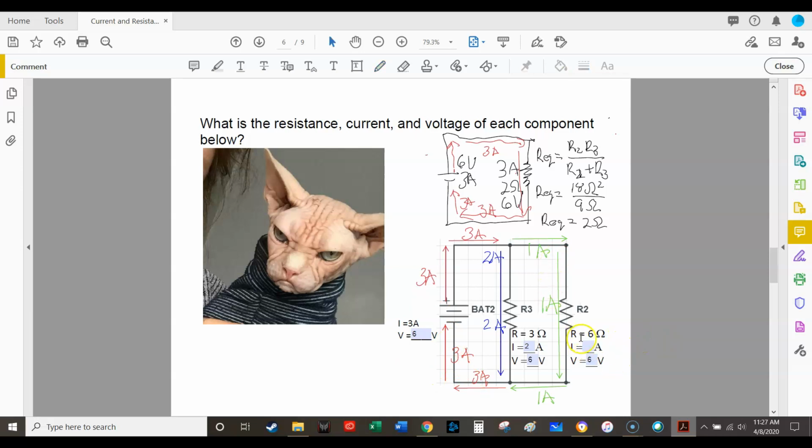What we could have done also, instead of doing it that way to get the 1 amp, is say 6 volts divided by 6 ohms is 1 amp too, as well. So once we get one of those components, the puzzle just falls into place. And there we go. That is how to combine 2 resistors in parallel to get 1 resistor. All right.